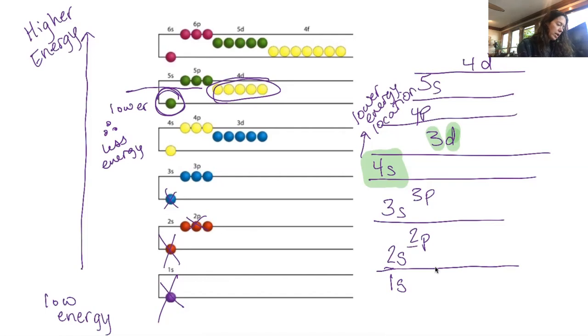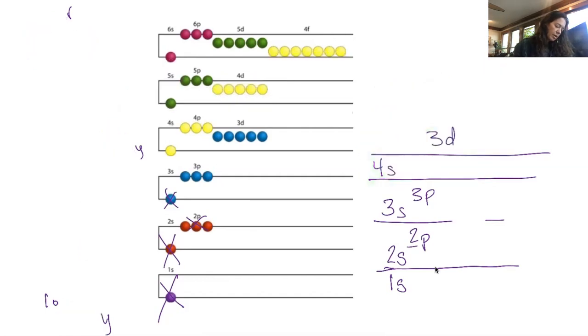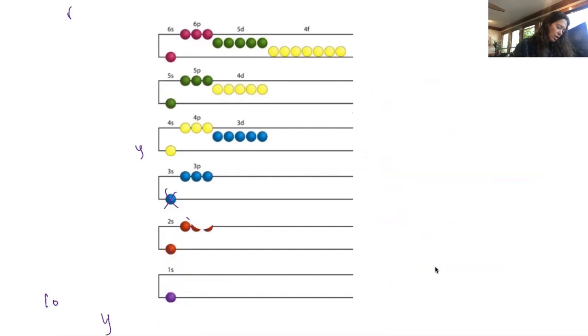But if you just read this diagram up, you will see the order of energy of the orbitals on different energy levels. I can see that the 4f has less energy than the 5d, which has less energy than the 6p.